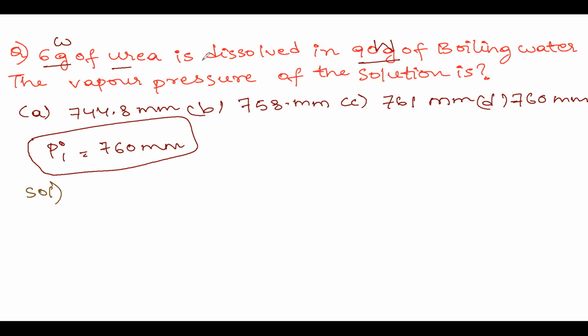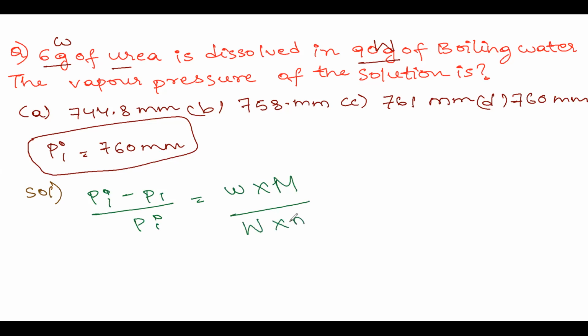We know the formula: (P1 naught minus P1) by P1 naught is equal to weight of solute, small w, into capital M by capital W into small m.